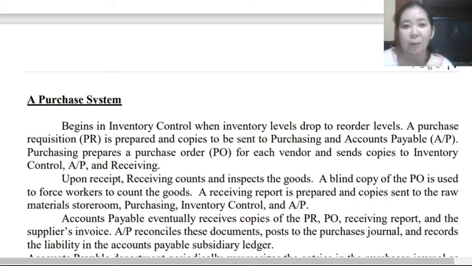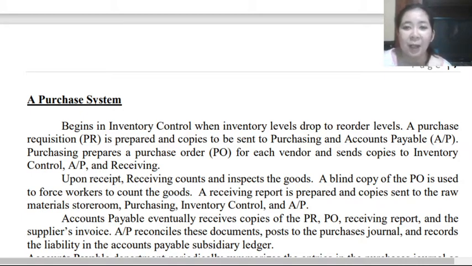Here, when the inventory levels drop to reorder levels, when we say reorder level, this is the number of inventory in the stock room that signals that an order should take place before the entity will suffer stockouts, or to avoid stockouts.